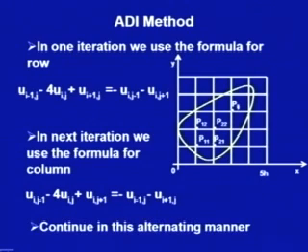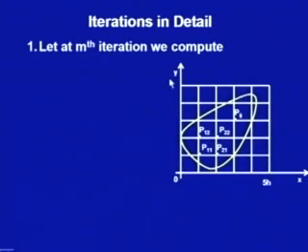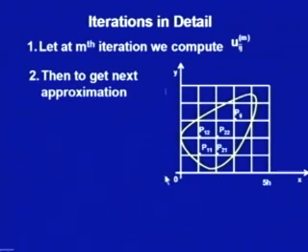How are we doing it? Let us say at the mth iteration we computed the approximation for the ijth mesh point as uijm. Then what do we do to get the m plus first approximation?